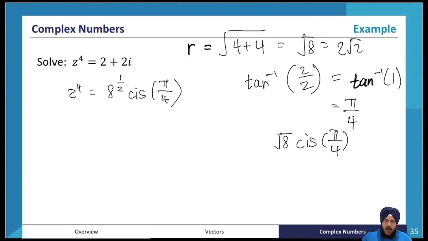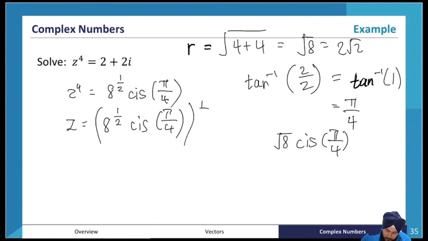Next, we just apply de Moivre's theorem. So remember, we're trying to find what z is. z is equal to 8 to the power of half, cis pi over 4, and this entire thing to the power of 1 over 4. So then, remember how we applied de Moivre's theorem? The magnitude, we put that to the power.